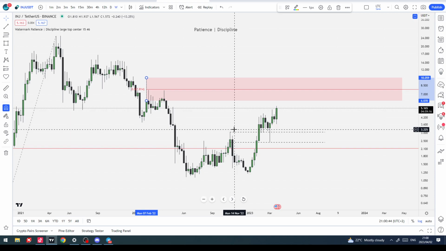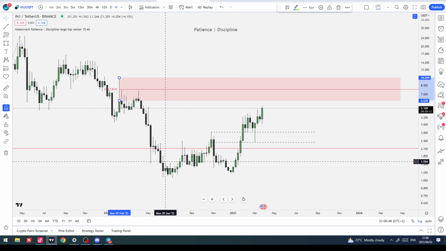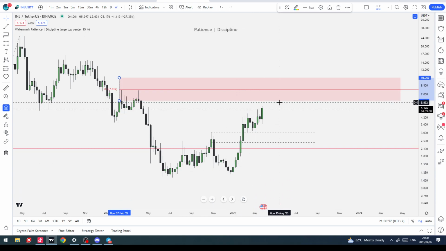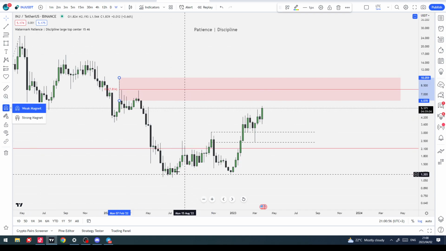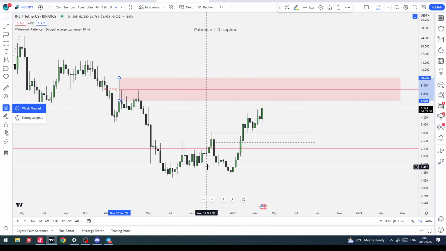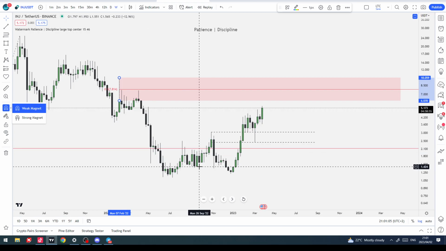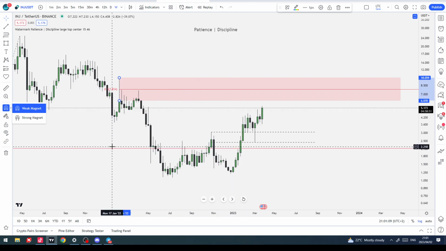On a lower time frame, you can see that price has made a higher low leading to a higher high, right? There wasn't really any liquidity taken here except for here, where we had a high, a low, a higher high, and a lower low.